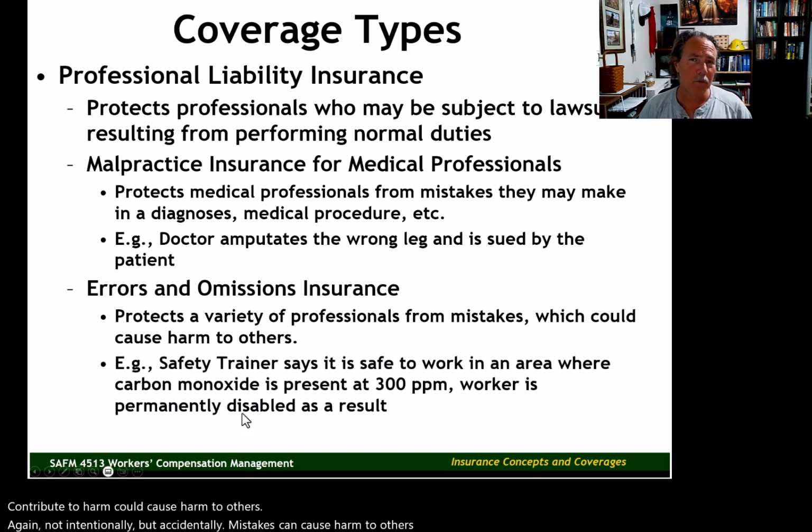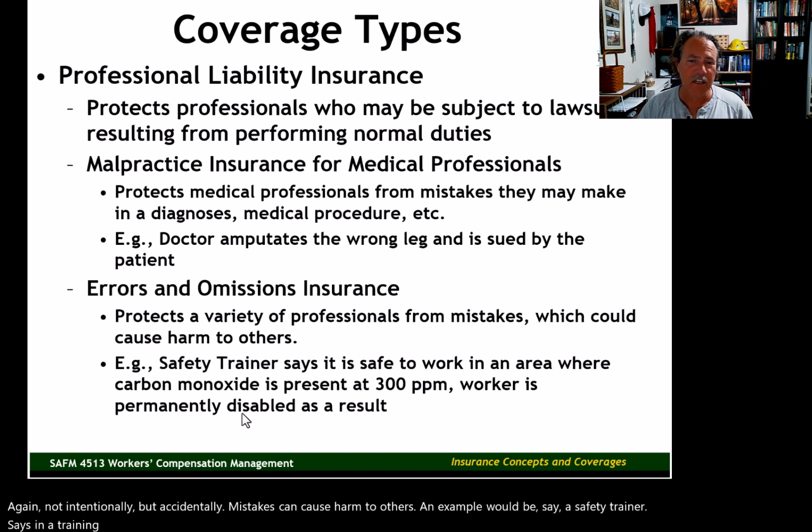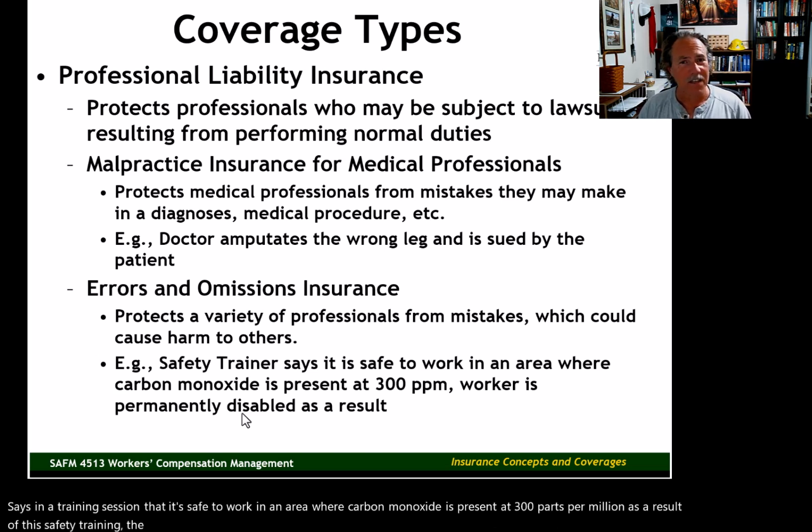An example would be, say, a safety trainer says in a training session that it's safe to work in an area where carbon monoxide is present at 300 parts per million. As a result of this safety training, the worker thinks he's safe. It's 290 parts per million, the carbon monoxide level.